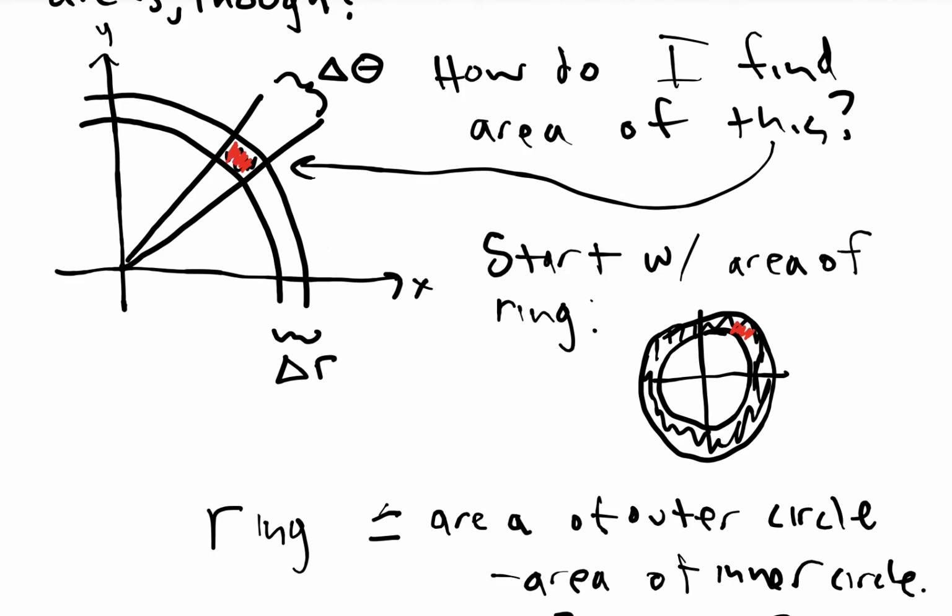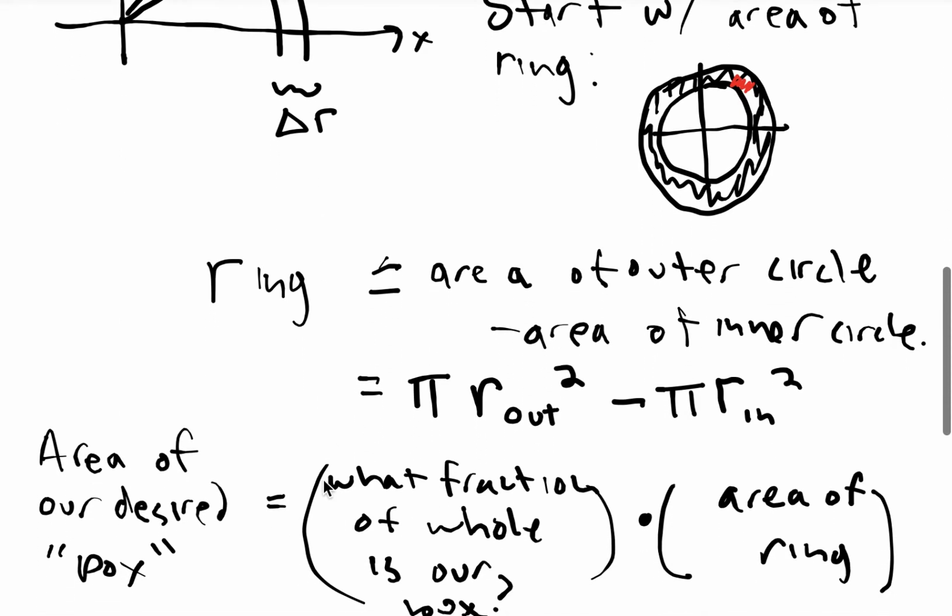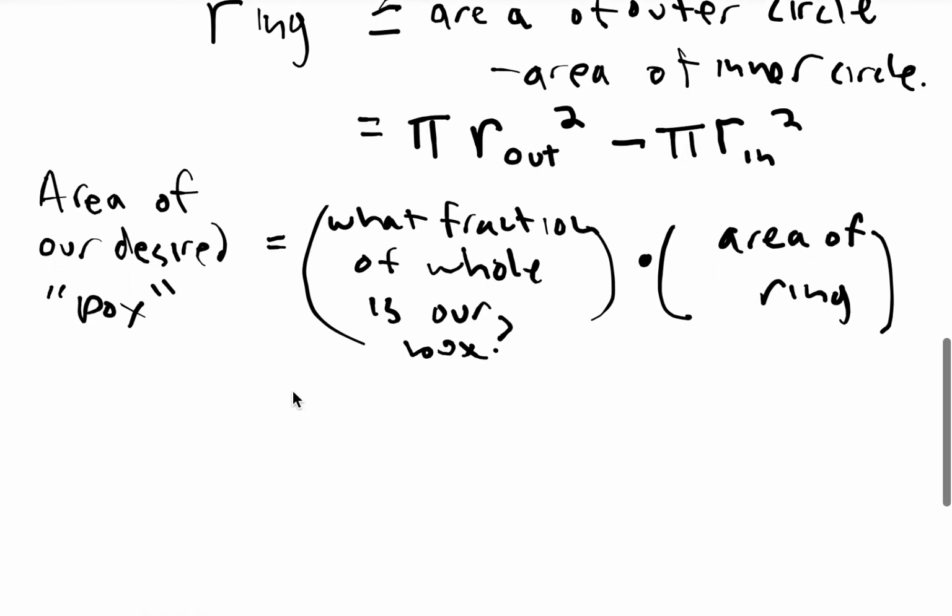That's a tiny sliver of the 2 pi radians that it takes to go all the way around the circle. So the fraction of the whole that our little box-like region is, again in quotes, it's not a box, is you take this delta theta, and that's just one sliver out of the whole 2 pi radians to go all the way around.